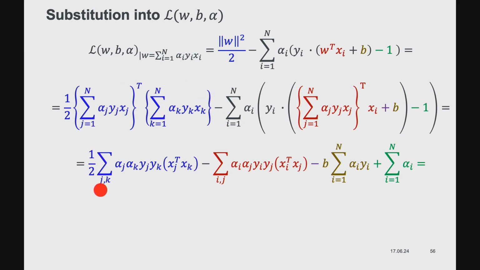And so we look at all the different components j and k that we have for our x's. And here we take this alpha I and yi and include this here. And these components are also included with the b, and they're also included with the -1.